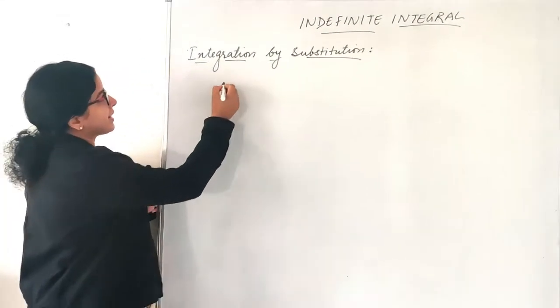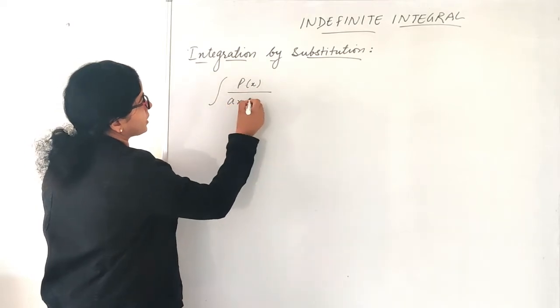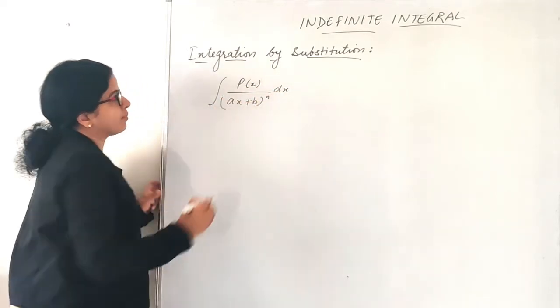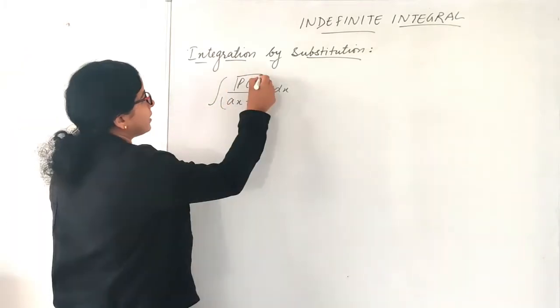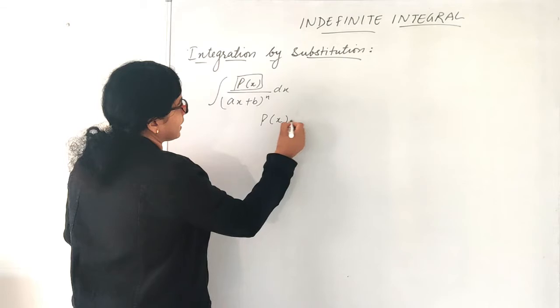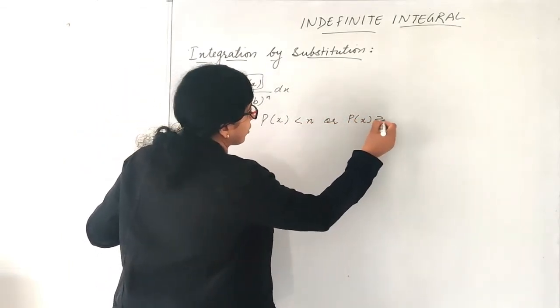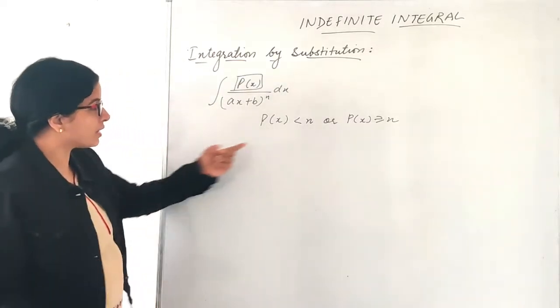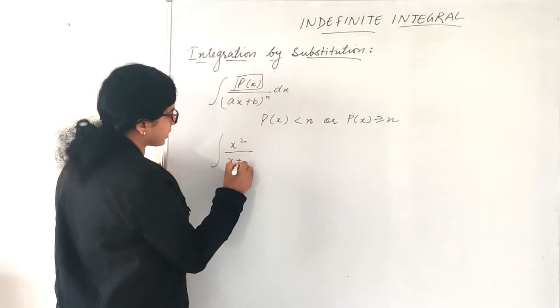Okay. Now let us take the integration by substitution of p(x) upon (ax plus b) to the power n. Say for example, we have been provided this type of function. So we will first check whether the degree of p(x) is less than n, or p(x) is greater than or equal to n, right? What does that mean? Say for example, you have here x square upon (x plus 1) whole square.